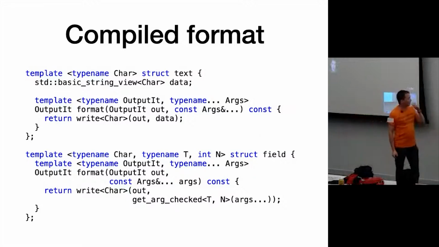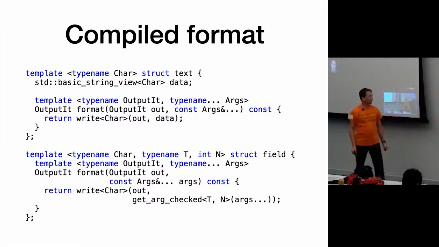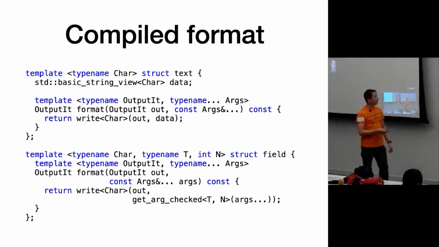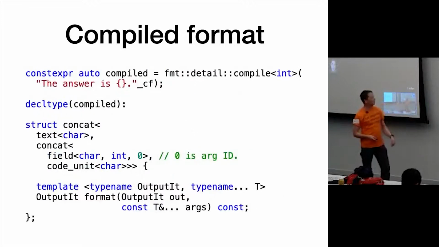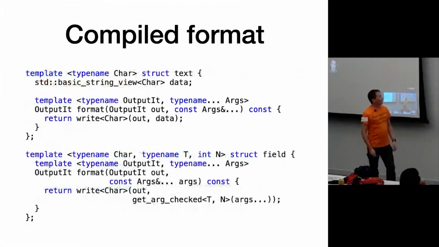It extracts this argument from the list of arguments that is passed to the format member function and writes it formatted to the output iterator. And we have a bunch of these types for different cases: text here, field, the third one, the code unit, concatenation, where it puts the first part, then the second part, and so on.